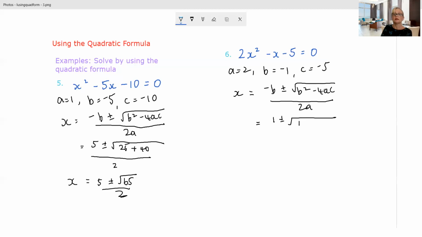Okay, we're subtracting 4 times 2 times -5. So we're adding 40, and 2a will be 4. So we get 1 plus or minus root 41 on 4. And again, 41 is not a perfect square, and it doesn't have any perfect square factors either. It doesn't have any factors other than 41 in itself, so we're going to leave it.